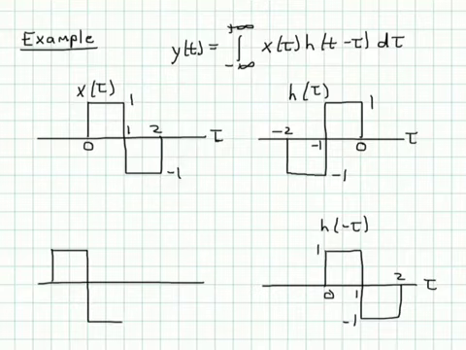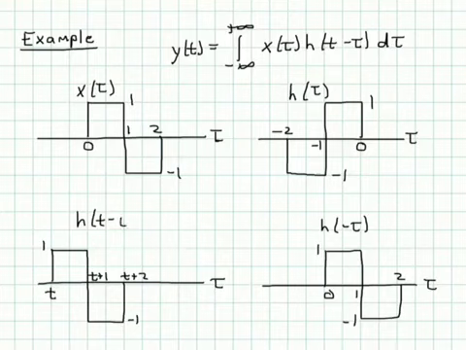So here is h of t minus tau. Now what was at the origin in this graph will be at t in this graph. So this is t plus 1, and this point is t plus 2. I haven't changed the amplitude at all. And this is a plot of h of t minus tau.